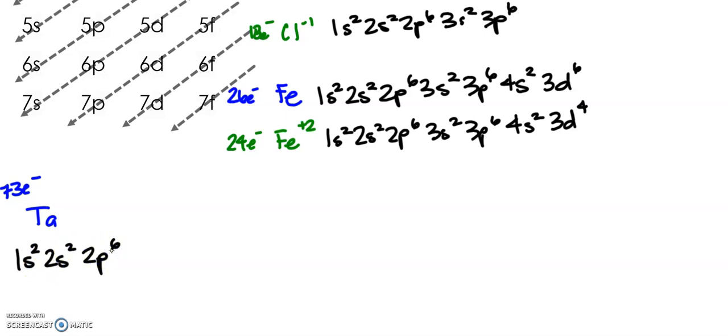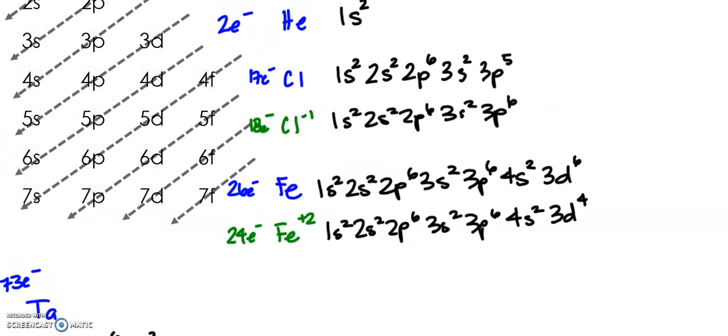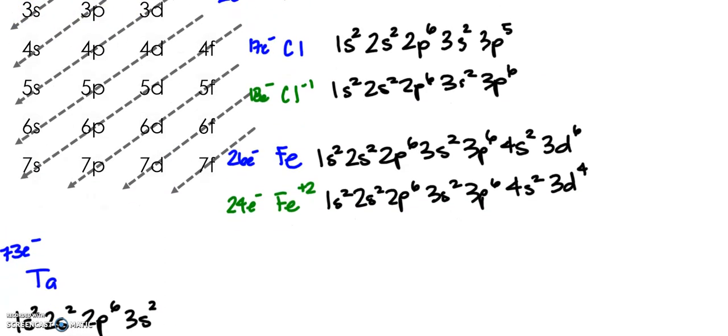So we've got 10 so far. 3s2. After 3s2, if I come back up here, comes 3p6. Then after that comes 4s2. Then 3d10. So at this point, if I add them all up, I'm at 30.